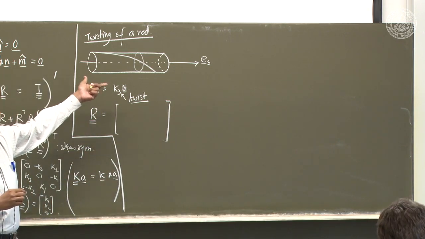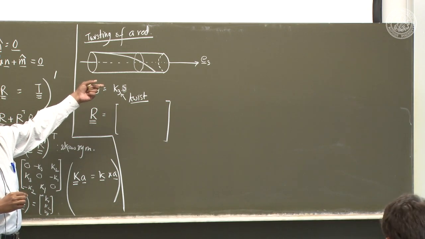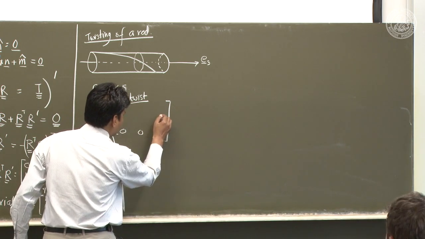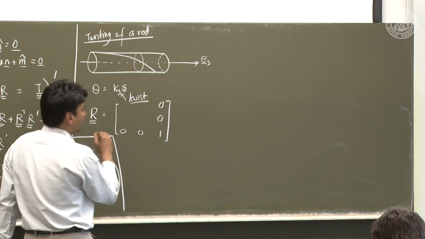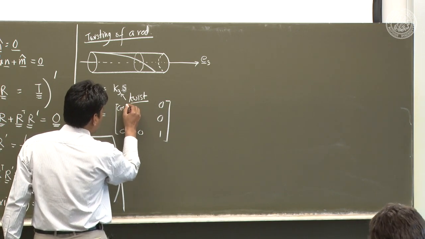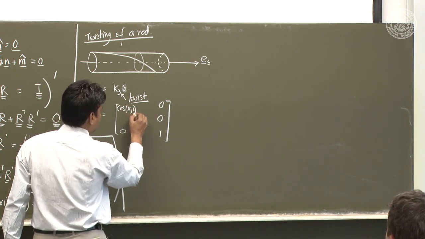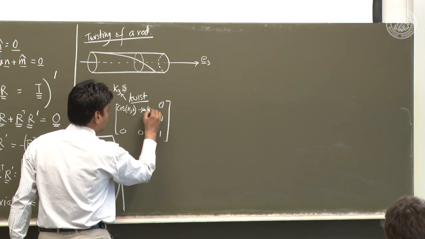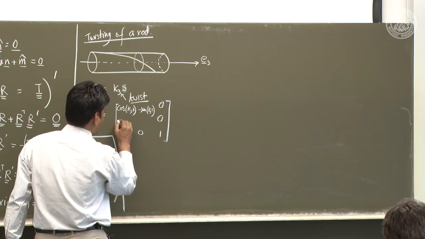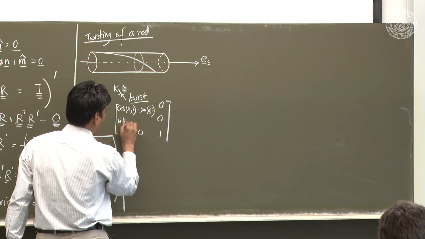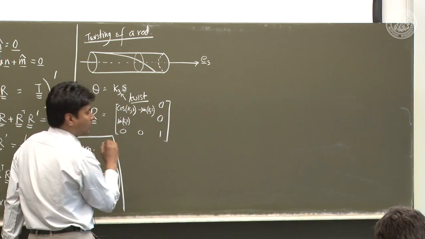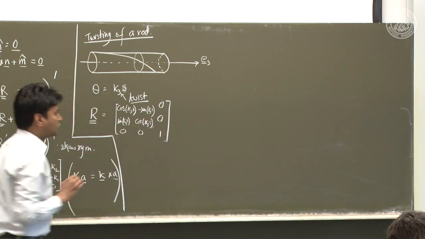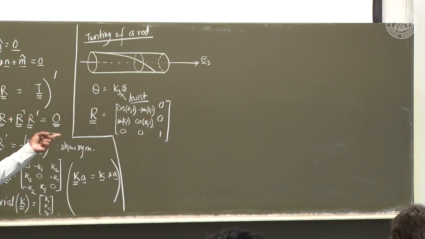Since the cross sections are all rotating about the E3 axis, the rotation matrix simply becomes: 0, 0, 1 in the last row and column, with cosine of K3 times S, minus sine of K3 times S, then sine of K3 times S, and cosine of K3 times S. Isn't that the rotation matrix?